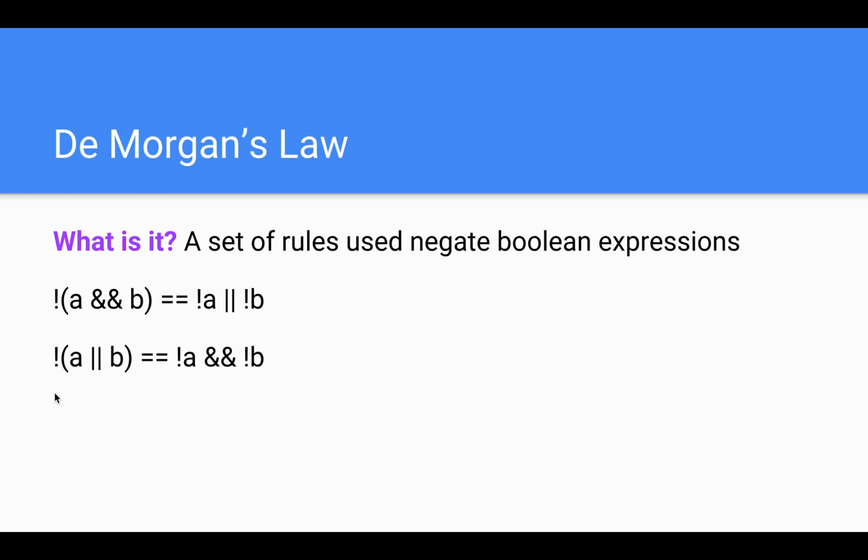And then not quantity A or B is equal to not A and not B. So really, it's the same as the one above it, just in the opposite direction. It changed an or to an and then put a bang with each variable on either side of the operator.